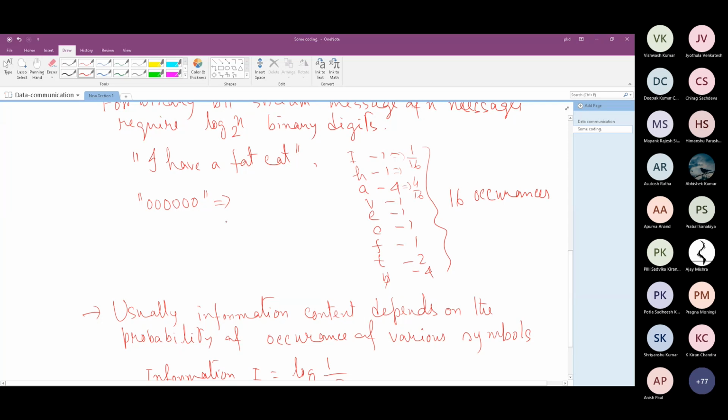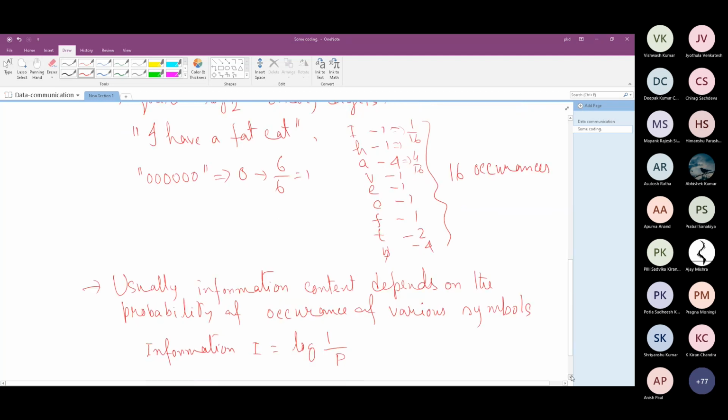Basically, if I compute the discrete probability, 0 has occurred 6 times out of the 6 occurrences. The probability is 1. So the information content in this is 0. So 0 is occurring 6 by 6, which is equal to 1.